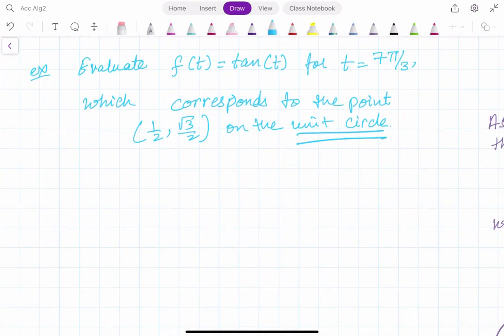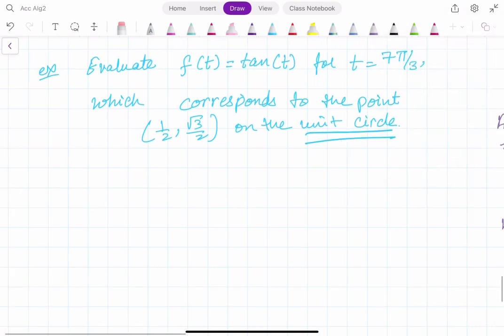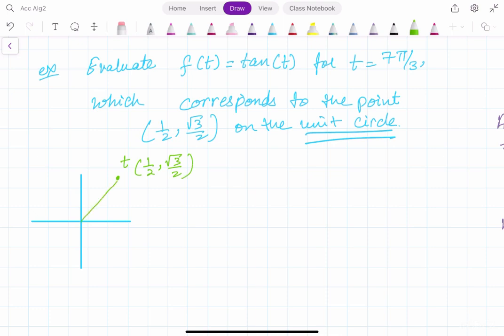So now coming back to the question again, they said f of t is equal to tangent t, and t is 7 pi thirds. So let's see where 7 pi thirds will land. So if we have a point t that is (1/2, radical 3 over 2), again, if you have a good understanding of the unit circle, you know what pi radians they are talking about.